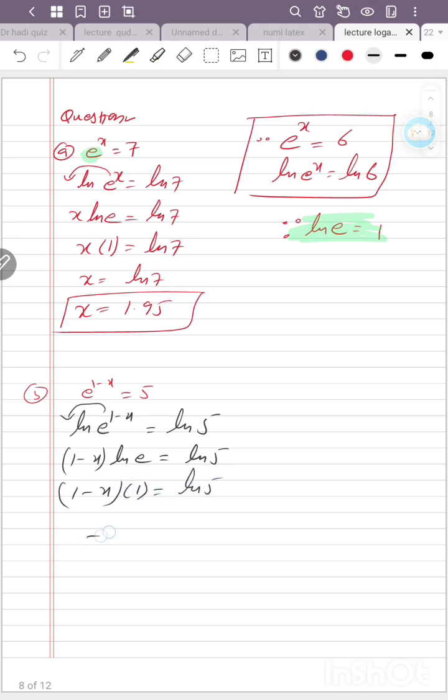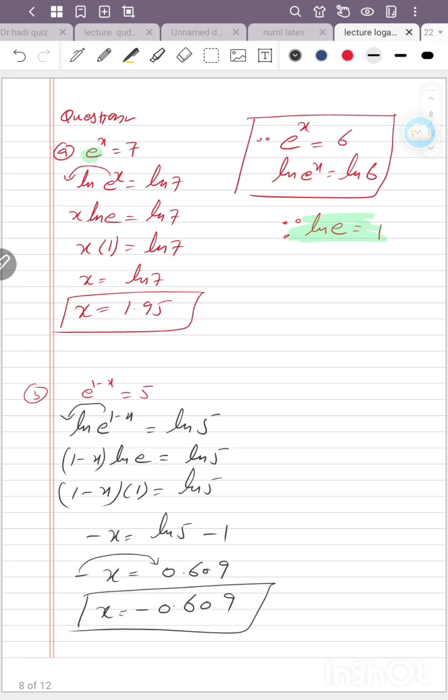So minus x equals log of 5 minus 1. When we calculate, we get minus x equal to minus 0.609, so x equals 0.609.